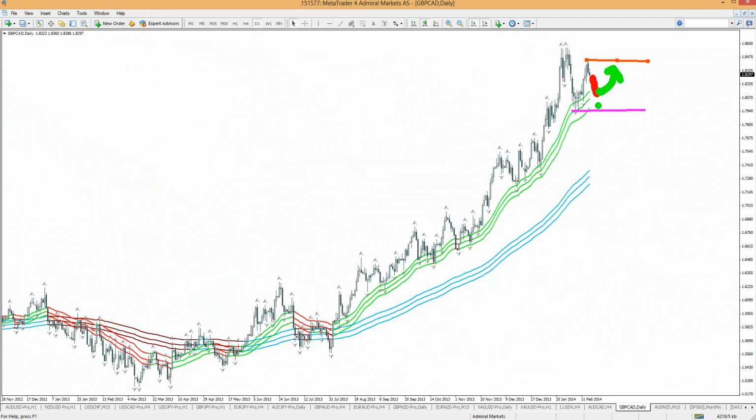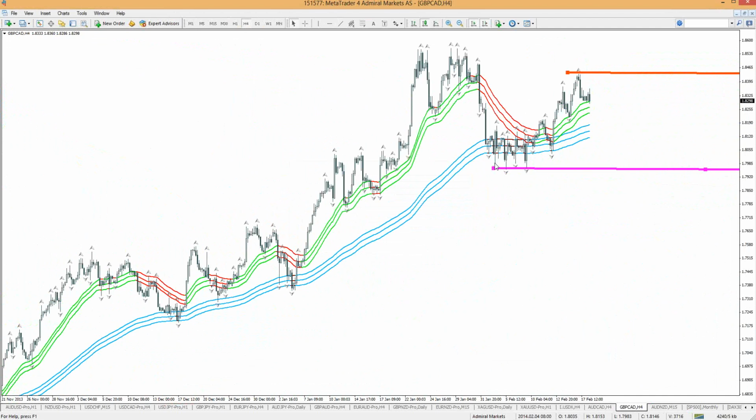So let's take a look at the 4-hour. Basically any downside that stays above this magenta could still be a hook back from our upside. So let's see if we get a hook back and a bounce somewhere around here.